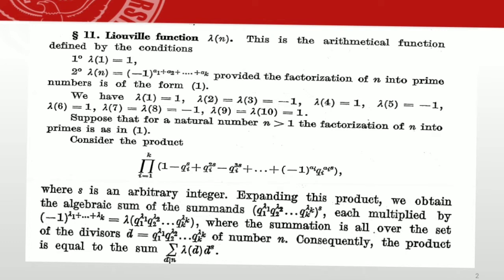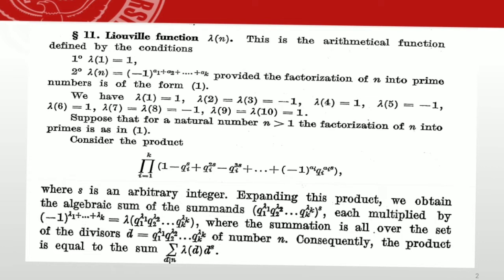Expanding this product, we obtain the algebraic sum of the summands, each multiplied by negative 1 to the power of a1 plus and so on plus ak, where the summation is over the set of the divisors.